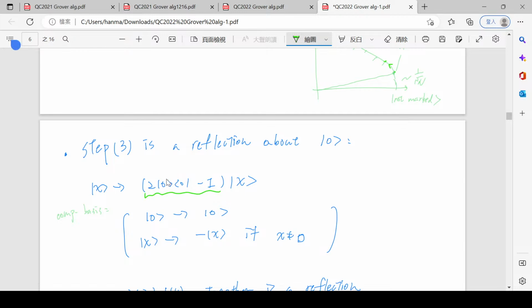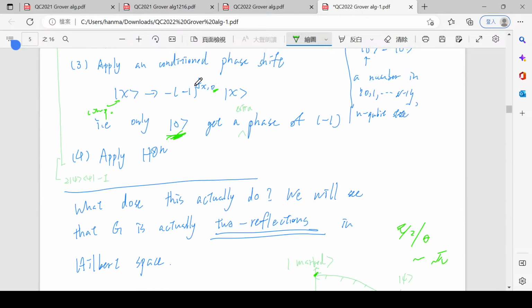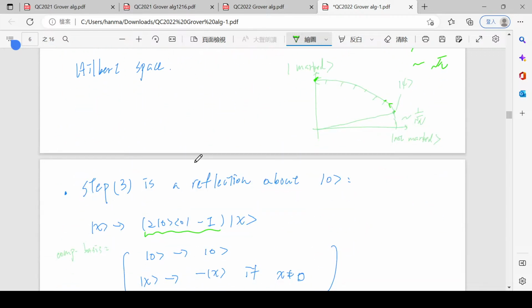Think about how |x⟩ maps: if x equals 0, you get a -1 here, then times -1, so |0⟩ doesn't get any phase because -1 times -1 equals +1.